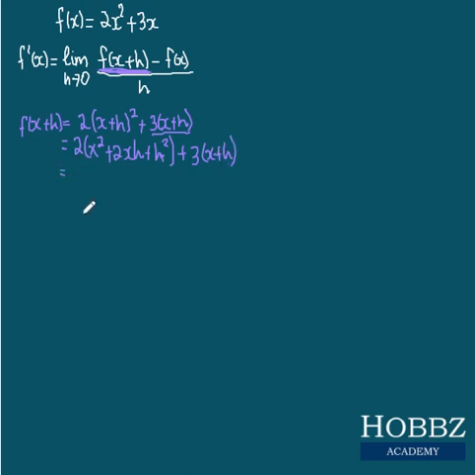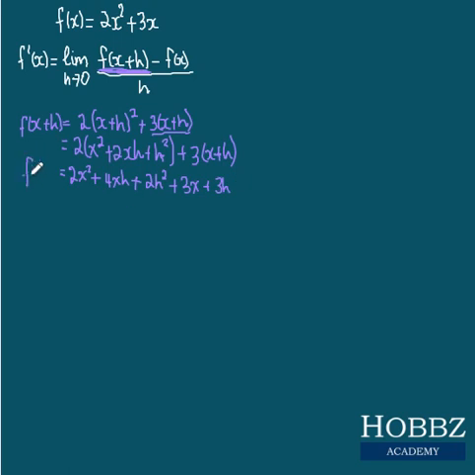So now we distribute the brackets. We have 2x squared plus 4xh plus 2h squared plus 3x plus 3h.